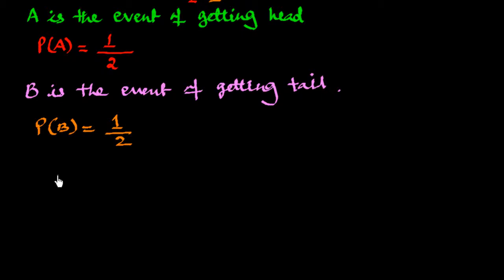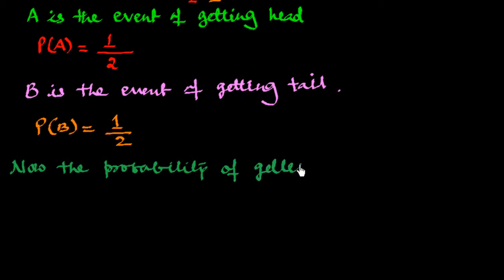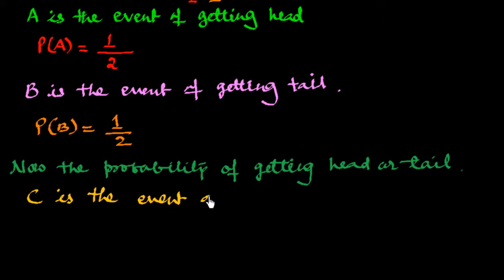Now if I think of the probability of getting head or tail, let C be the event of getting head or tail.